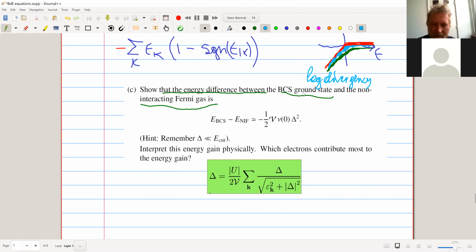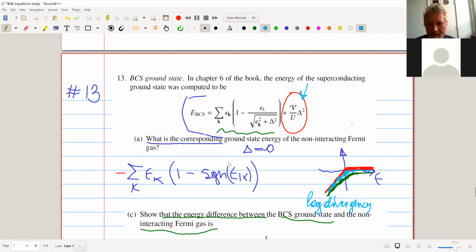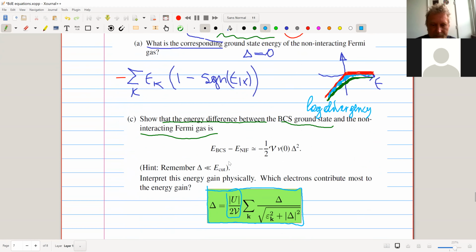And I have a trick. I have a self-consistency equation. So this is what we derived, right? And from this equation, I can eventually express U, which is in this formula.